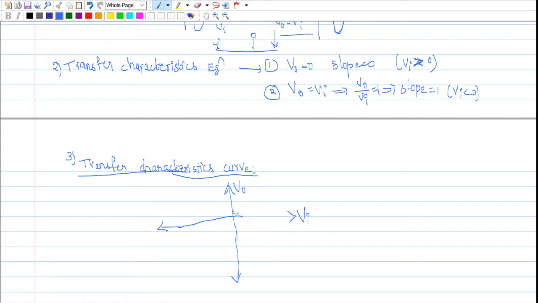Next, when Vi is less than 0 volts, the slope is 1. We can get this type of transfer characteristic curve for the positive clipper.